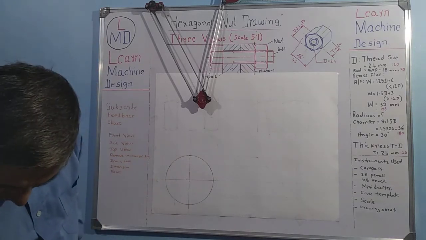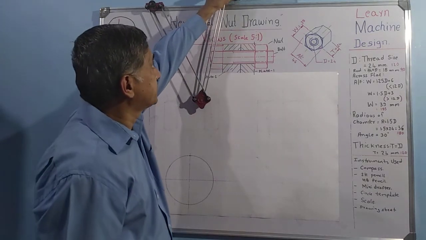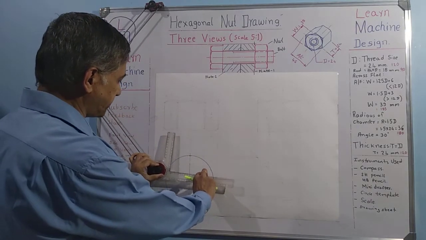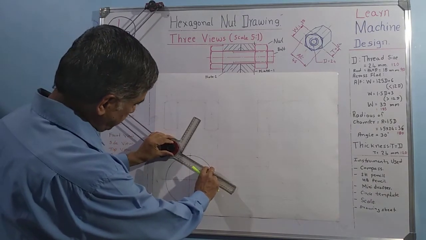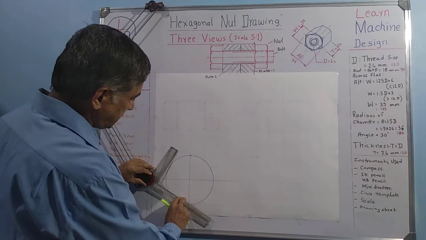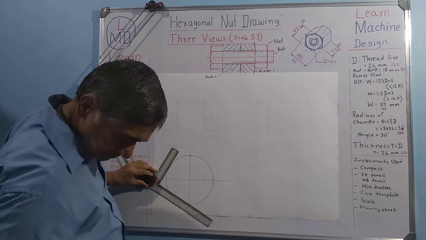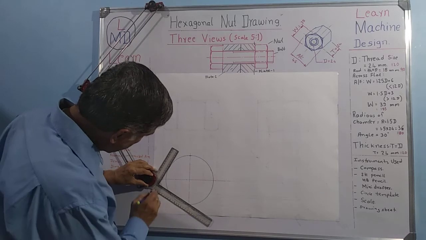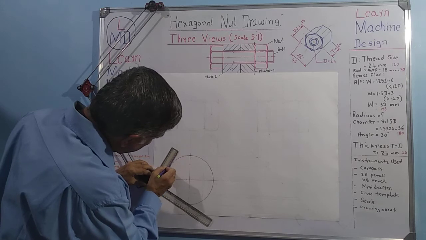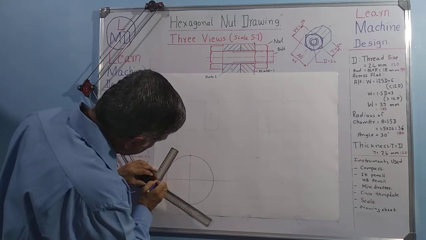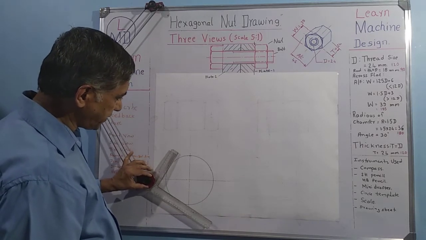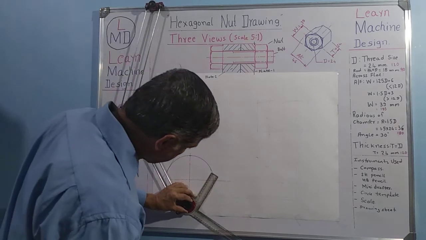The very next work is to take this mini drafter and turn it to 30 degrees, and tighten it. One line is ready. Then take the same mini drafter, come here, and draw here like this.